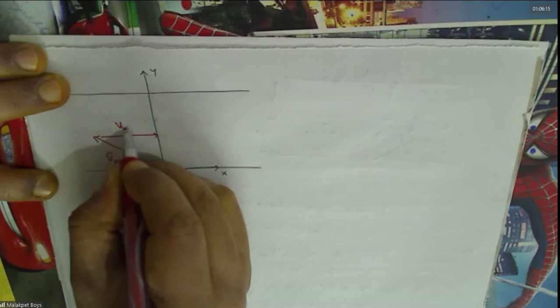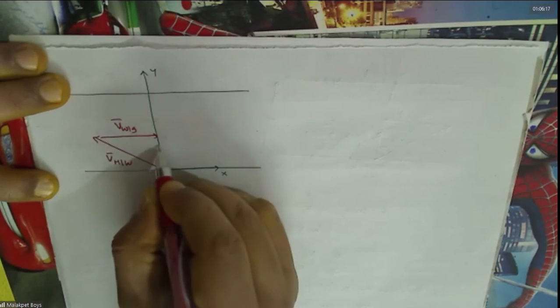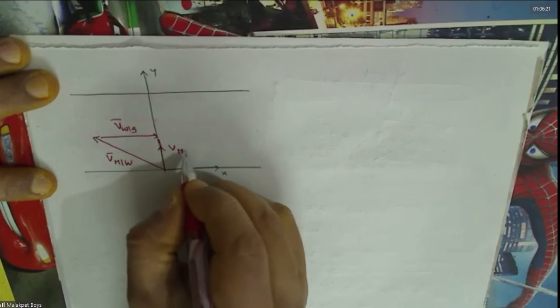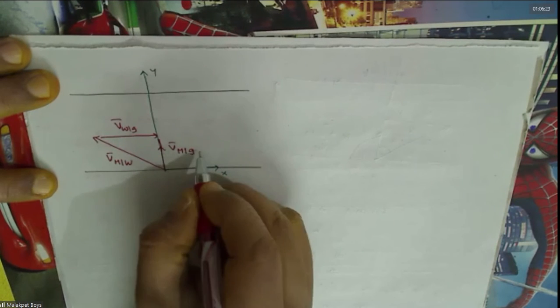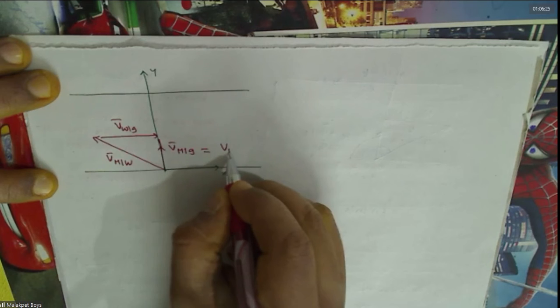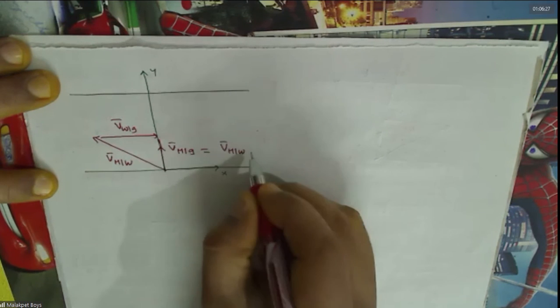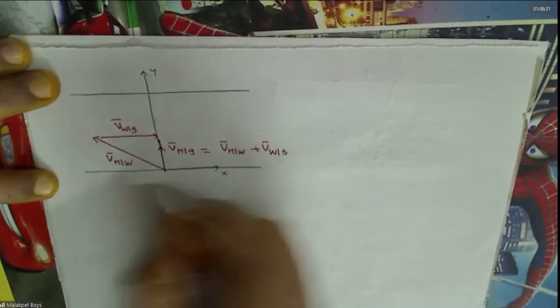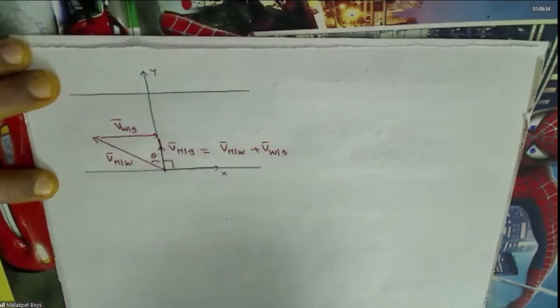This is the velocity of water with respect to ground. This is the velocity of man with respect to ground. This is the vector sum of these, and this is theta, this is 90. So he has to reach here.